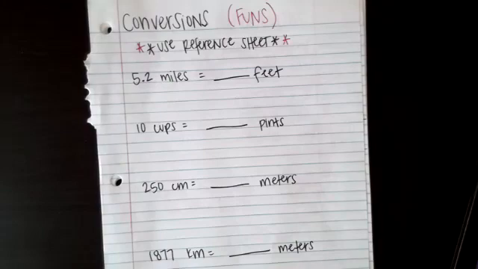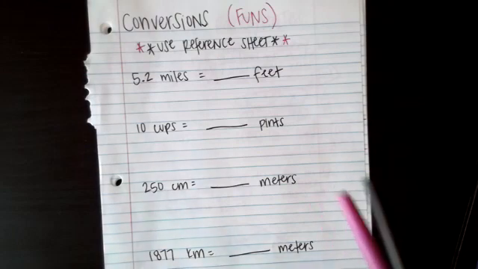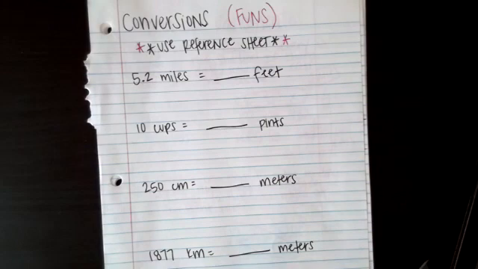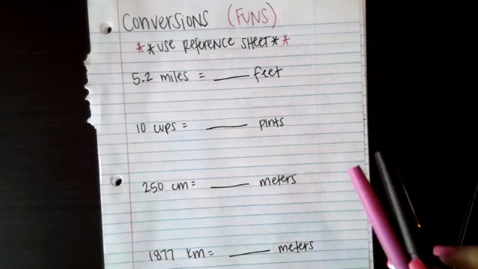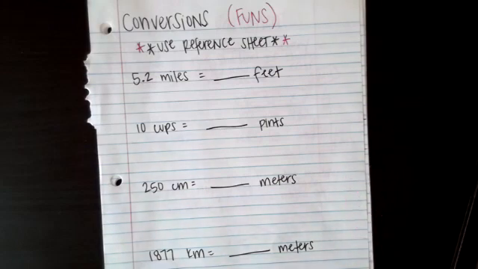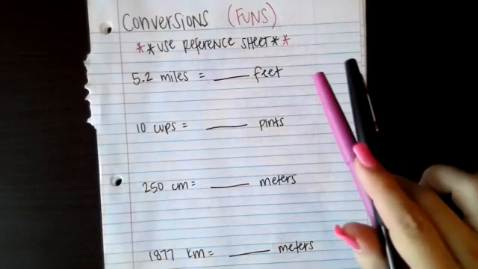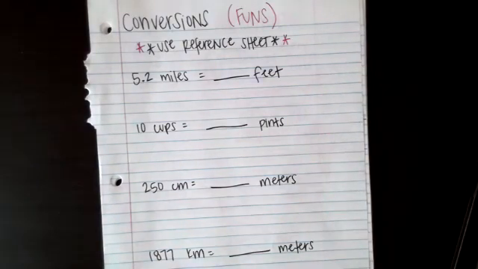Essentially, all of the conversion rates that I tell you, I'm getting from this reference sheet. So just make a note, you can always use the reference sheet to get the conversion rates. I would refrain from going to Google to get the conversion rates because sometimes they're more specific. They go out to more decimal places than the reference sheet, and that's extra work. So if you don't want to do that extra work, just make sure you're using the conversion rates on the reference sheets that we give you.